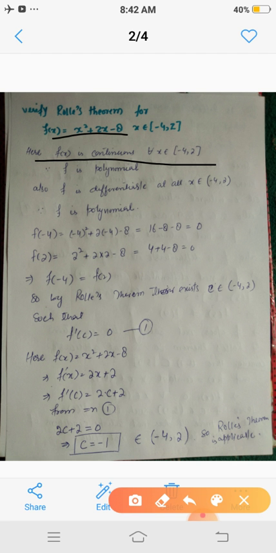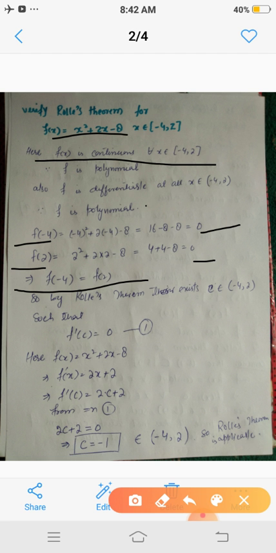You know that polynomials are continuous functions, and f is also differentiable in the open interval minus 4, 2, because polynomials are differentiable functions. Now we find f of minus 4, that is 0, by substituting the value of minus 4 in the given function, and f of 2 is 0 by substituting the value of 2, which implies that f of minus 4 equals f of 2. So it satisfies the three conditions of Rolle's theorem.